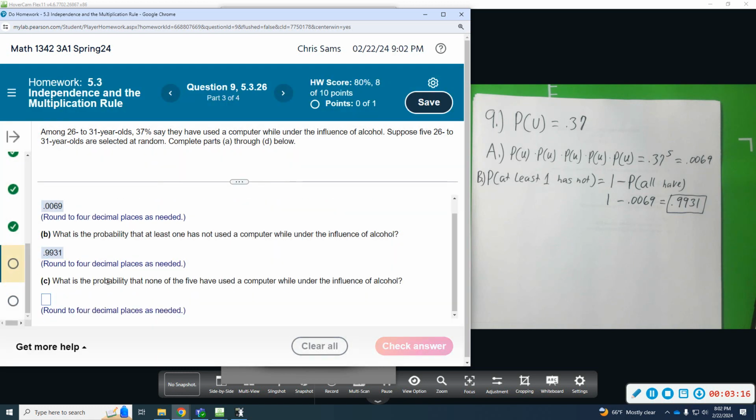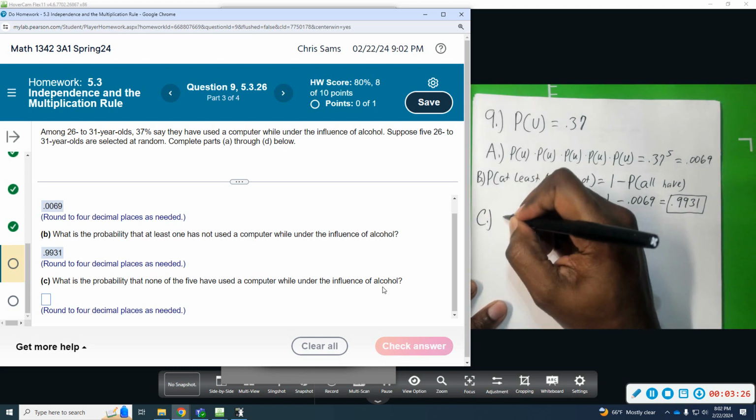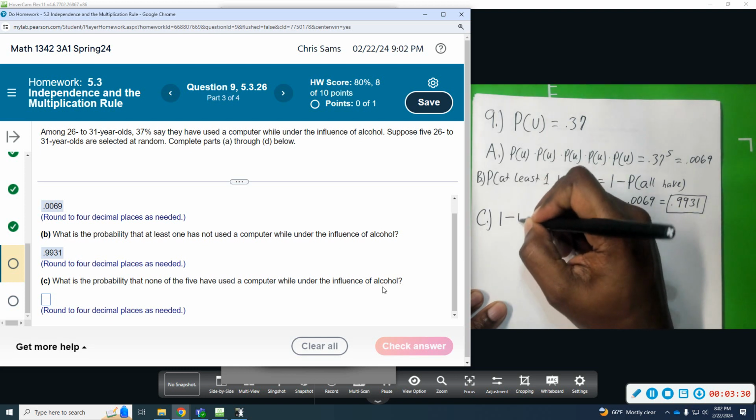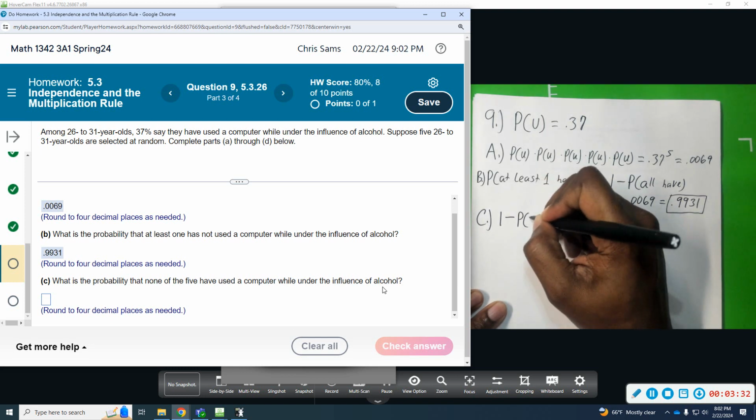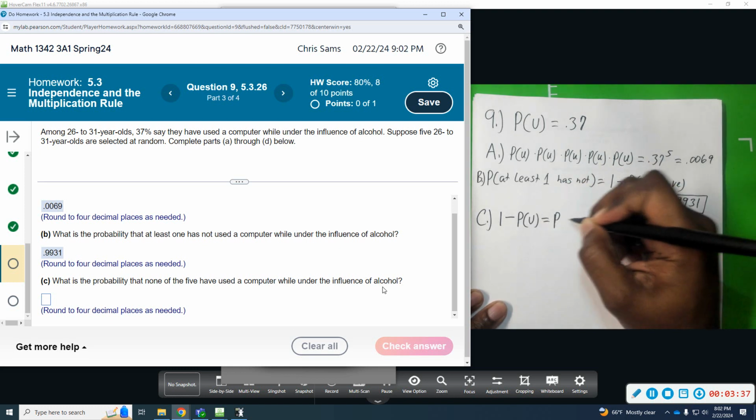All right, C, what's the probability that none of the 5 have used that computer while under the influence of alcohol? So probability that none of the 5 have. So it's going to be 1 minus the probability that they have used it, which will give me the probability that they haven't used it.